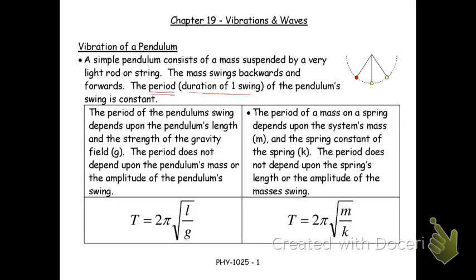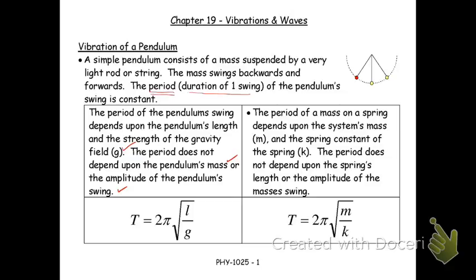You can change the mass and it won't make a difference. So it's useful. We say the period of a pendulum swing depends upon the pendulum's length and the strength of gravity at that point, how strong the pull of gravity is. It does not depend upon the pendulum's mass or the amplitude of the pendulum swing. So two things it does depend on and two things it doesn't depend on.